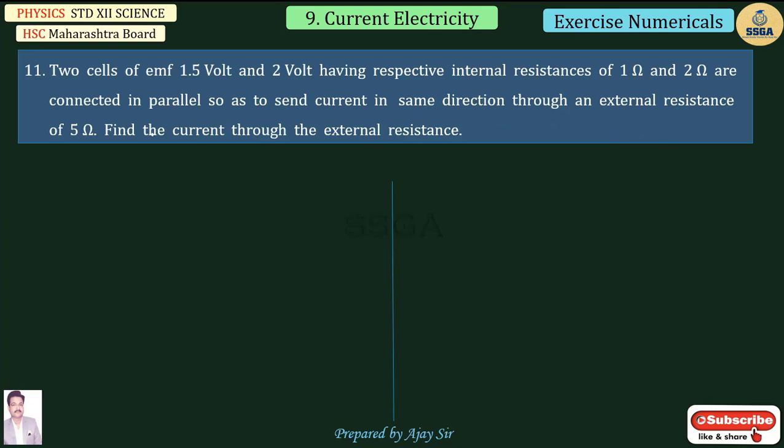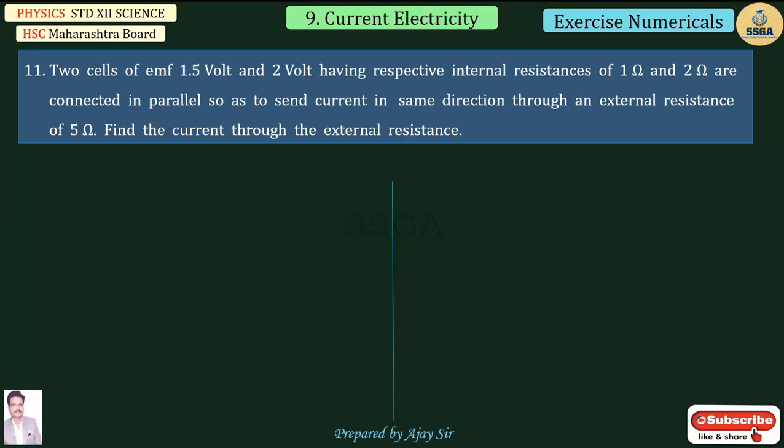Find the current through external resistance. Again here two cells are connected in parallel, of internal resistance 1 ohm and 2 ohm is given, and find the current through the external resistance.